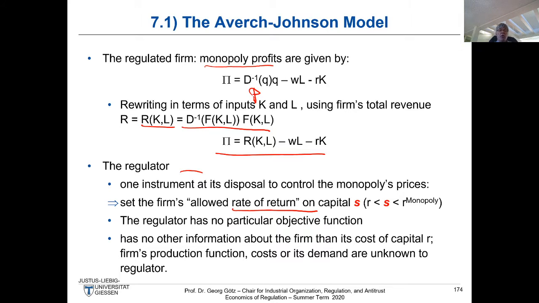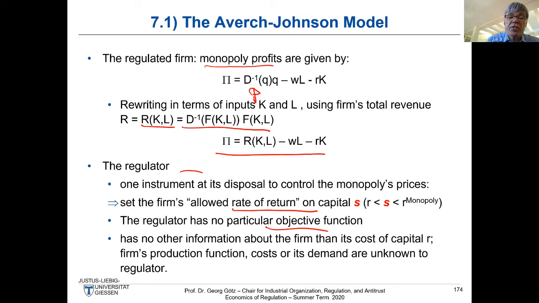Of course, if you know the inputs from the production function, you immediately get the output, and if you get the output, you also get the price, and if you get the price, you get the profit. And we assume that the regulator has no specific cost function. We just want to look into the case where the regulator sets some S, and what that means for the behavior of the regulated company.